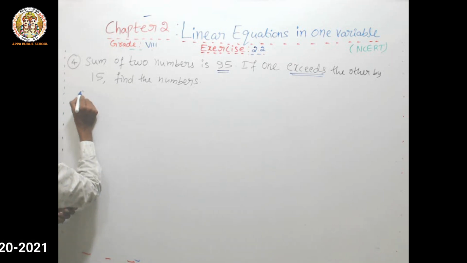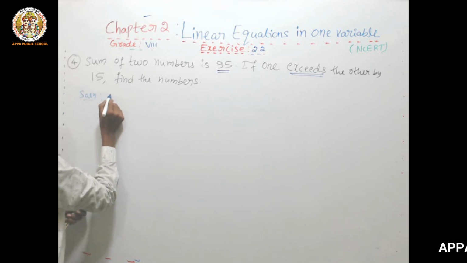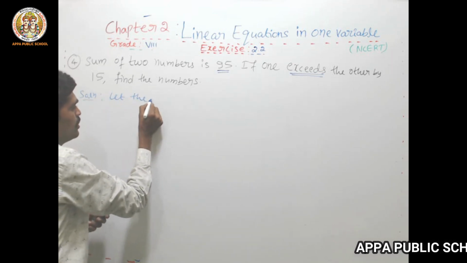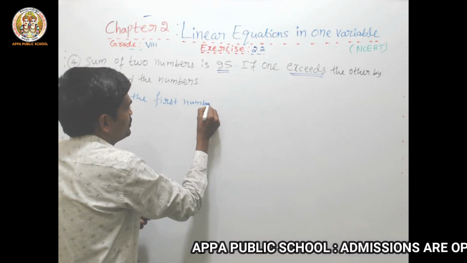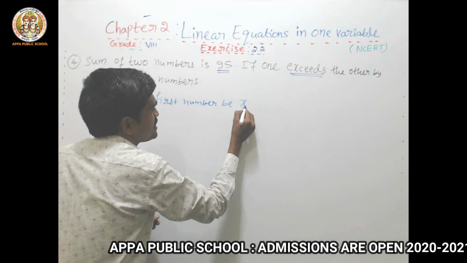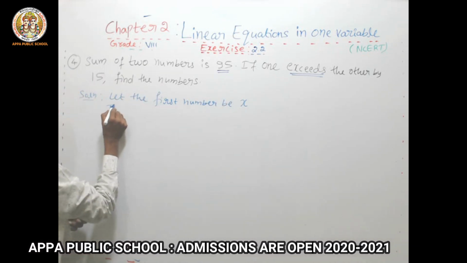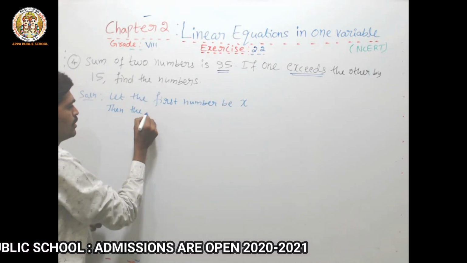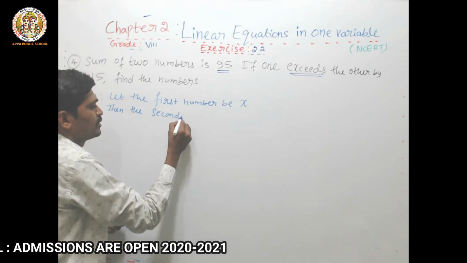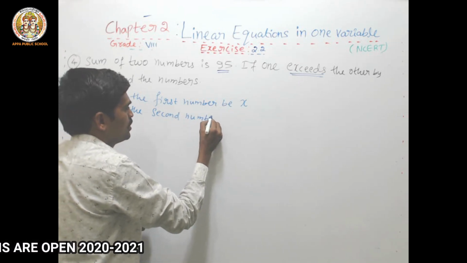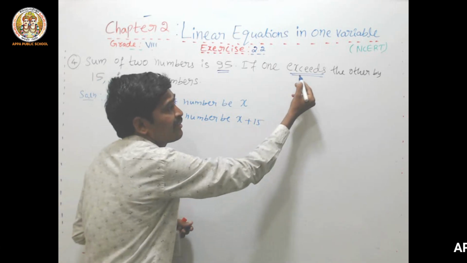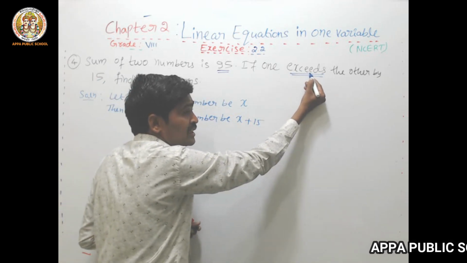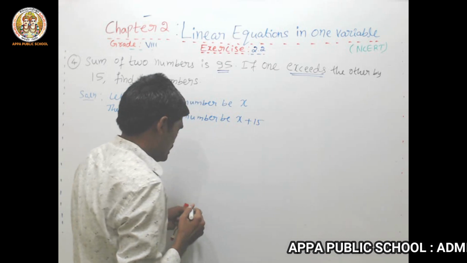So let the first number be x, then the second number be x plus 15. Why x plus 15? They gave exceeds. Exceeds means increase or to be greater.